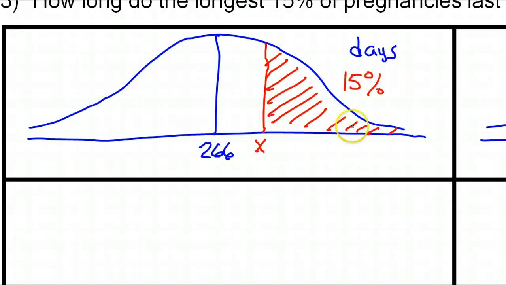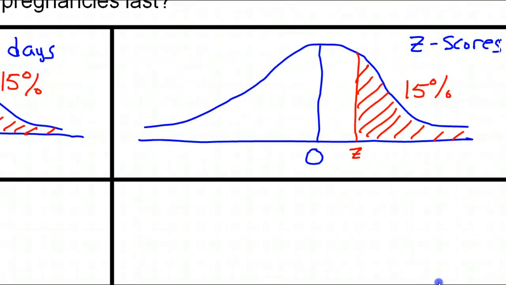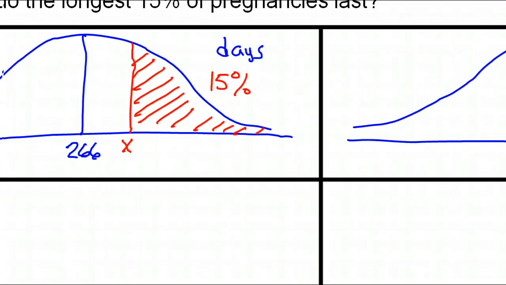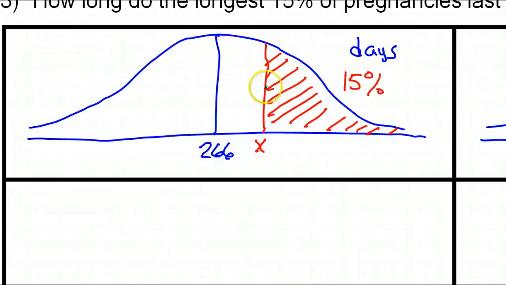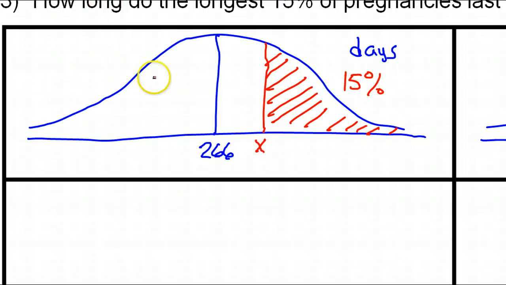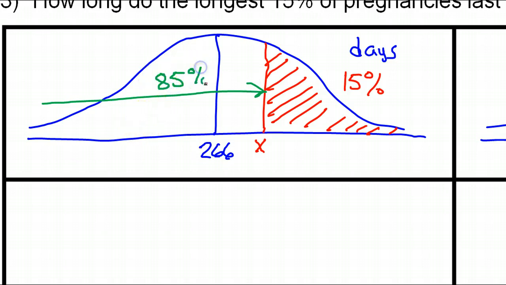But as you can see, this 15% is to the right. So we have to ask ourselves that extra question. If there's 15% to the right, that's fine and good, but what is the percent to the left? Okay, in other words, what's the percent from this direction? Okay, and this percent is going to be 85%.